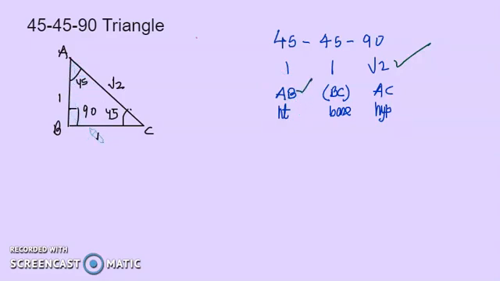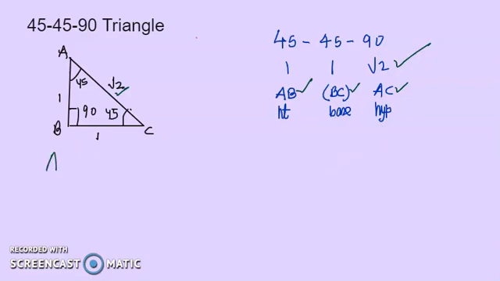Similarly, opposite this 45 degrees, the side is BC, and opposite 90 degrees, the side is AC. AB here is height, BC here is base, and AC is hypotenuse.